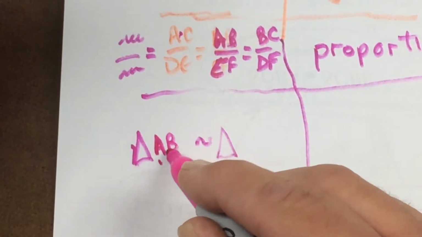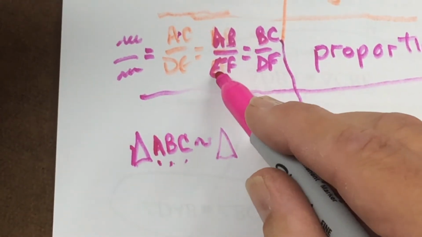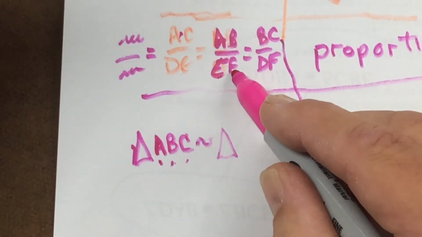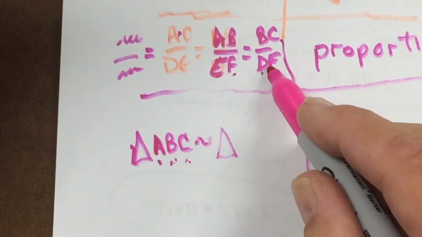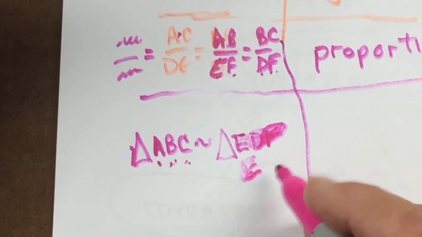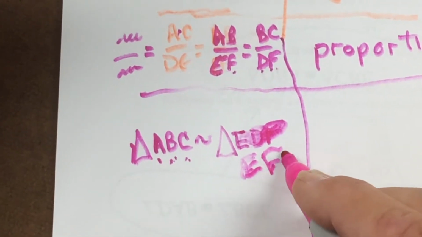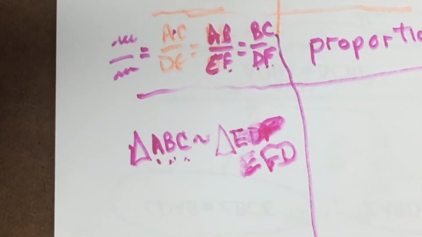A, B, C. Well, AB corresponds to EF, and BC corresponds to DF. Well, I can't put F twice. This is going to have to be E, F, D. Okay? Told you it was tricky.